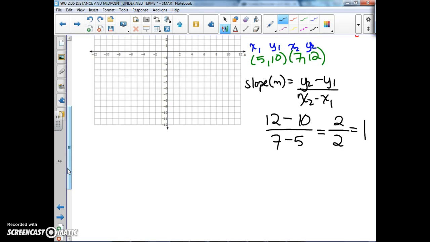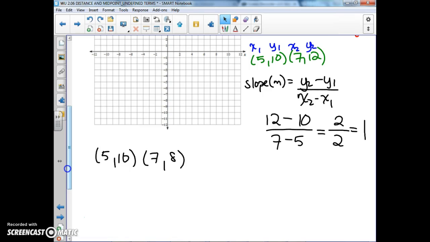Now let's find the slope from (5, 10) to (7, 8) to prove they are perpendicular. So (7, 8). Okay, so x1, y1, x2, y2. Plug it into the slope formula.